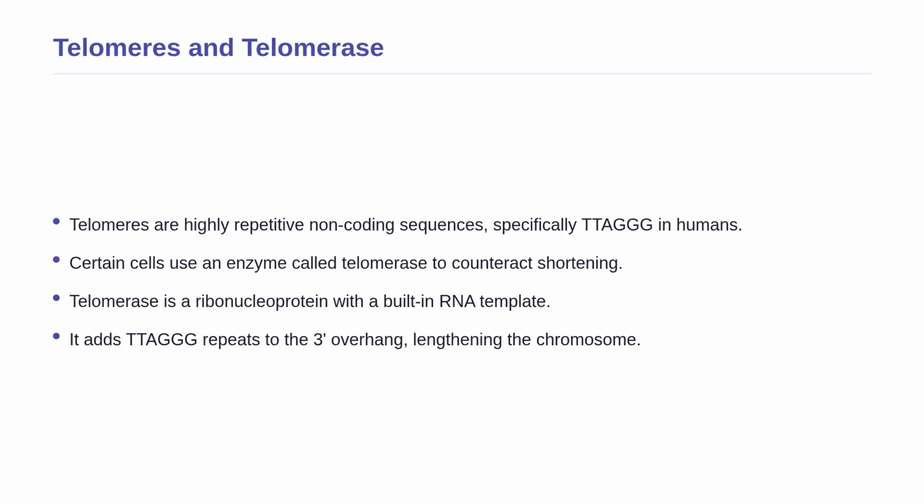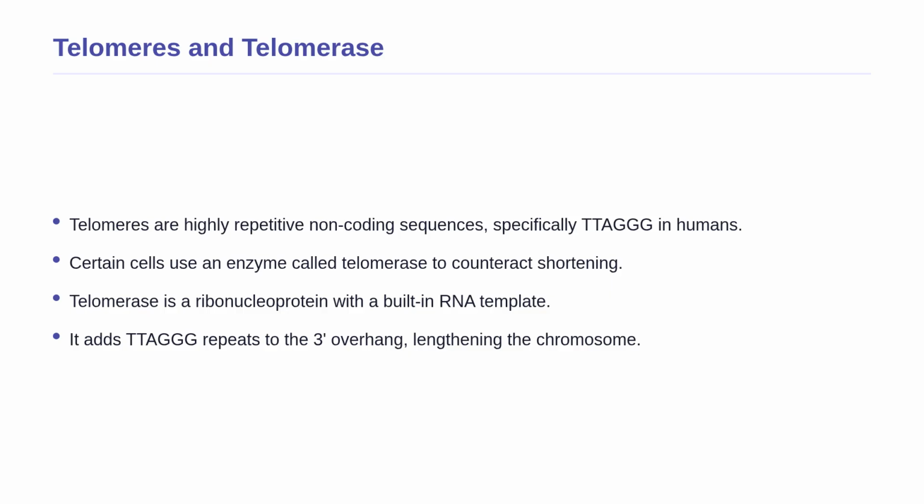Nature solved this massive problem with a specialized structure and a unique enzyme. Telomeres are highly repetitive, non-coding DNA sequences located at the extreme physical ends of our chromosomes. In humans, this is a repeating 6-nucleotide motif, T, T, A, G, G, G. To counteract the continuous shortening from the end replication problem, certain cells utilize an enzyme called telomerase.